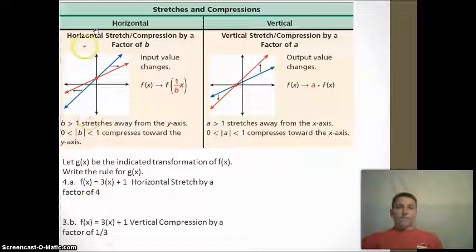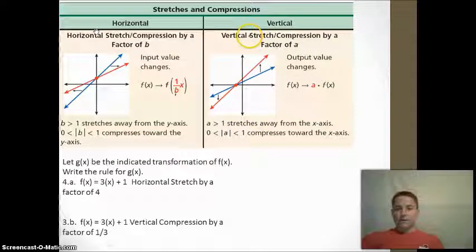Okay, so for a horizontal stretch or compression by a factor of b, the input value changes. So what we're going to do is take 1 over b times our input value. If b is greater than 1, it stretches away from the y-axis. If b is between 0 and 1, in other words, if it's a fraction or decimal, it compresses towards the y-axis.